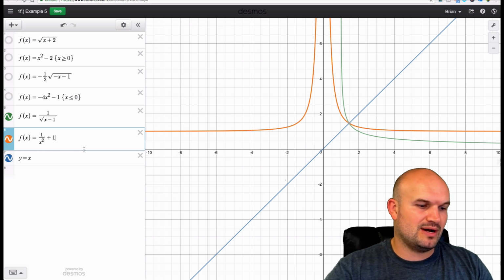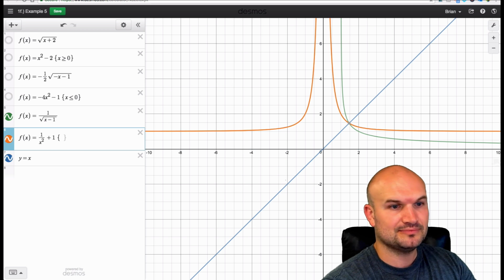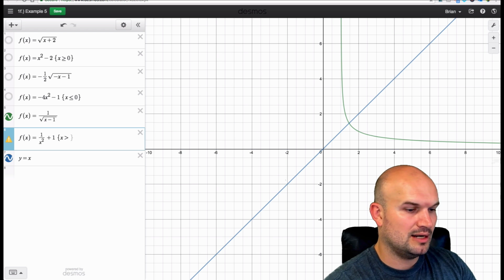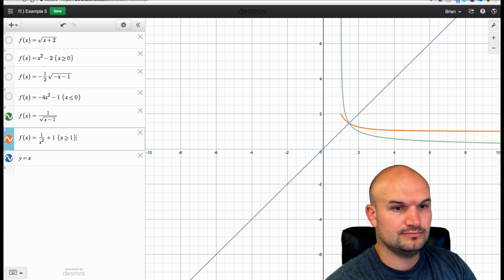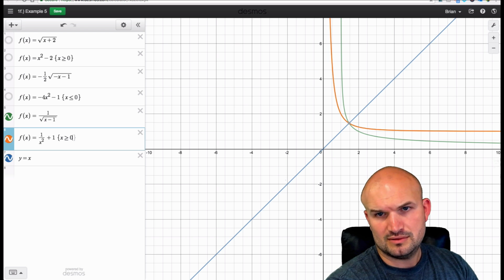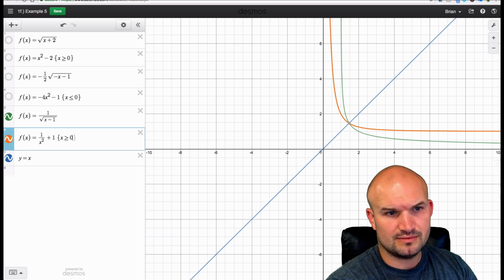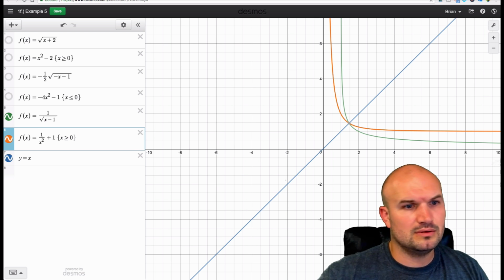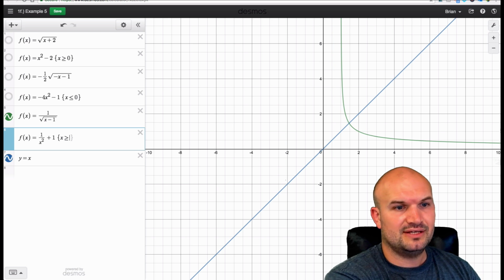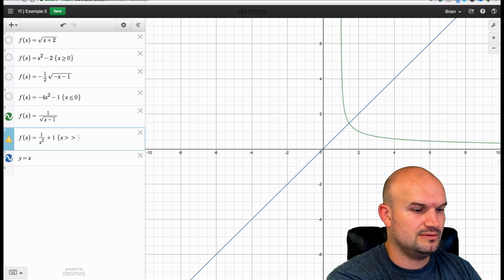So that's why I need to add my restriction here for x, which is greater than or equal to 0. Oh, and it can't equal 0, obviously. It has to be greater than 0.